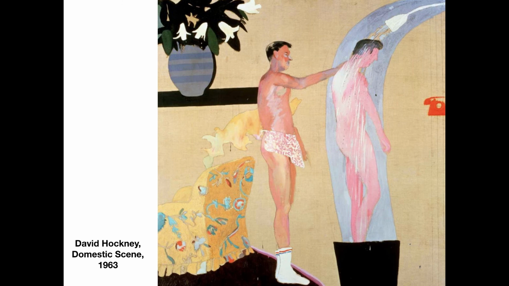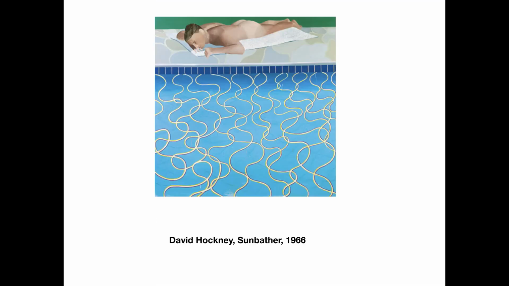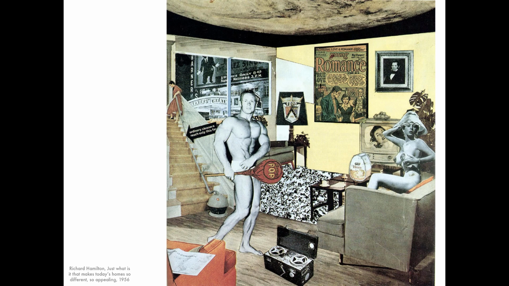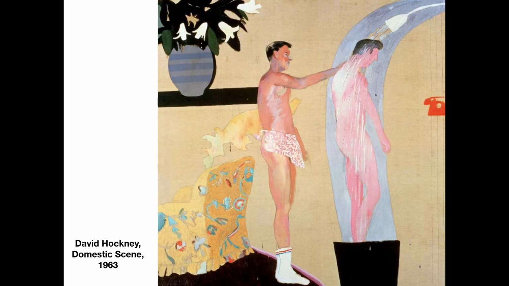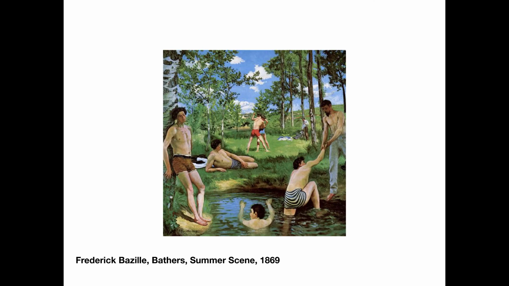But the origins come from his appropriation and painting of an image. He didn't use the actual image in a collage the way Hamilton does, but he appropriates and uses it, and it doesn't matter where it comes from. Here's the Bazille piece that you could argue really challenges the heteronormative kind of bathing scene.